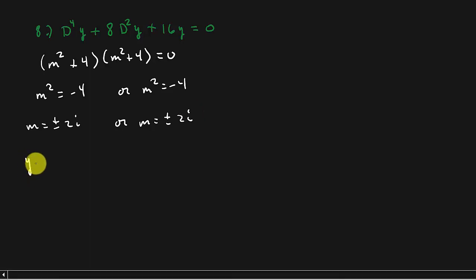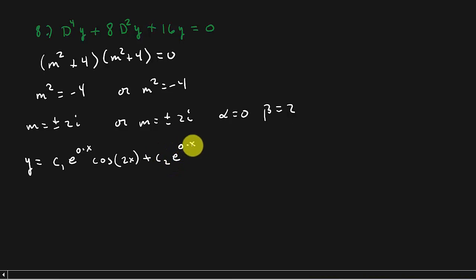All right, so I wonder what this is. Well, this is just going to be y equals c1 e. Now, in both cases, alpha is 0, beta is 2. So y equals c1 e to the 0 times x cosine 2x plus c2 e to the 0 times x sine 2x.